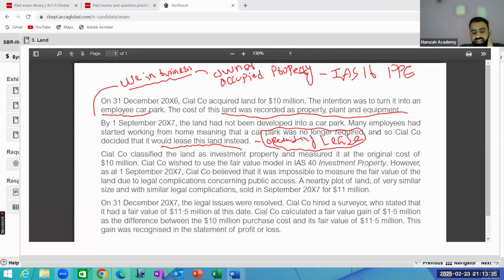And if it is an operating lease, that means now the standard would be investment property, IAS 40.